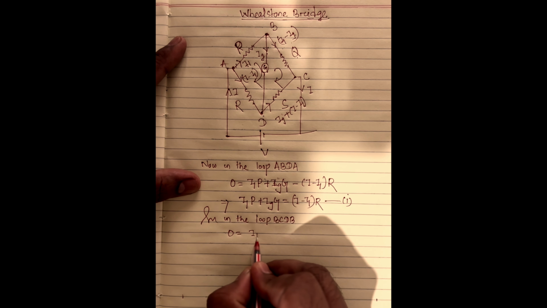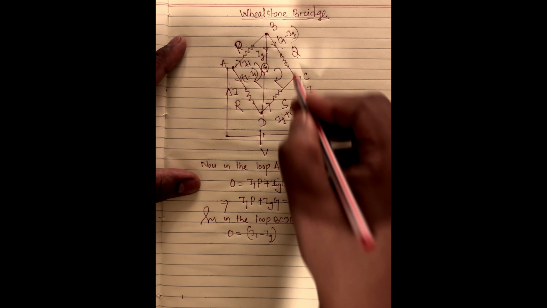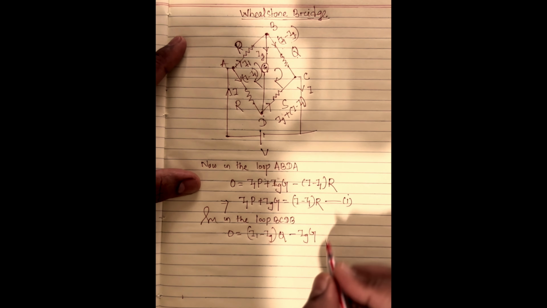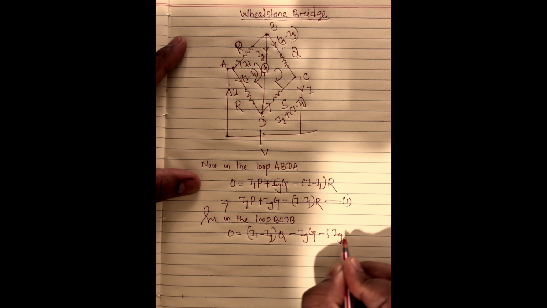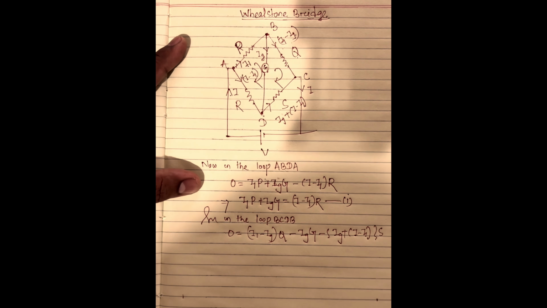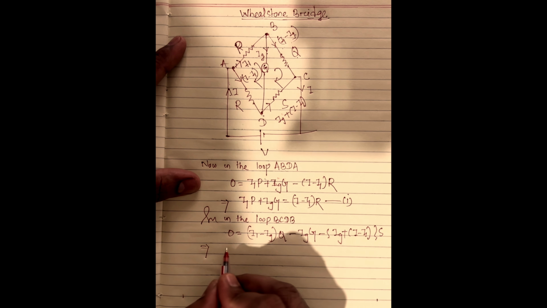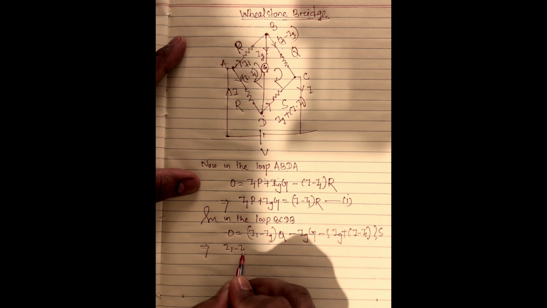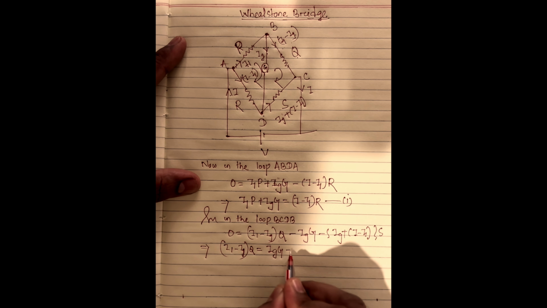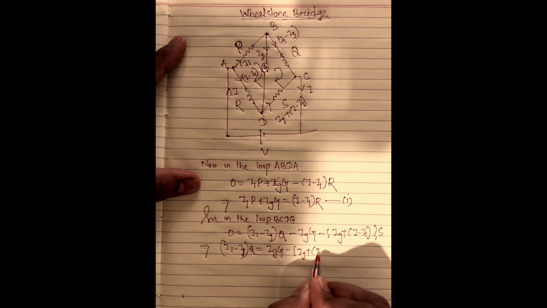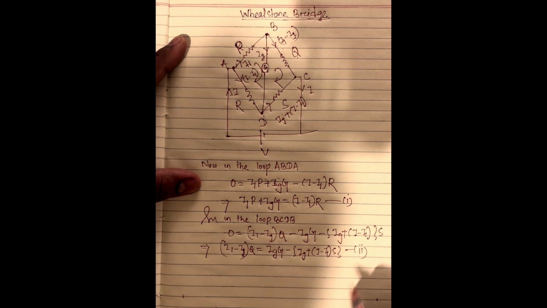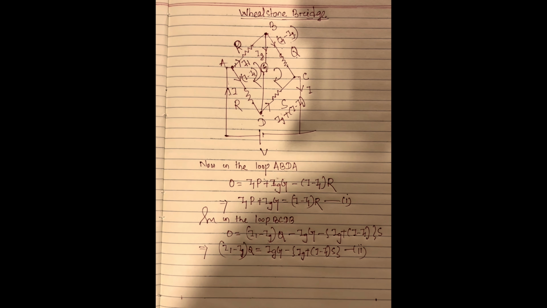So we write I1 minus Ig across the resistor Q, minus Ig across the galvanometer G, minus Ig plus I minus I1 across the resistor S. That implies I1 minus Ig whole into Q is equal to IgG minus Ig plus I minus I1 whole into S. This is equation number 2. Up to this point we have equations 1 and 2.